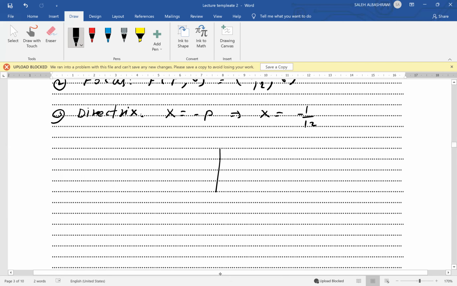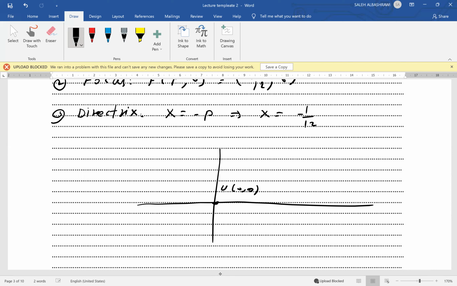So we have the xy plane, vertex 0 and 0. The focus point will be 1 over 12 and 0, and the focus must be inside the parabola. And the directrix is x equal to minus p, which is minus 1 over 12.